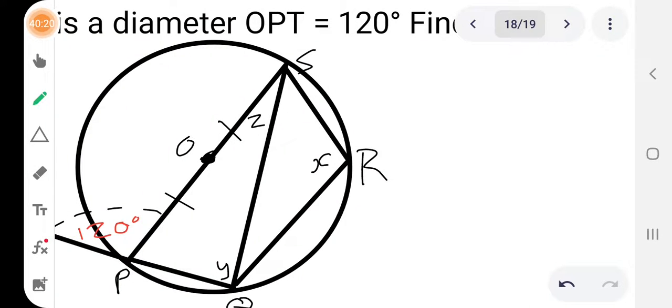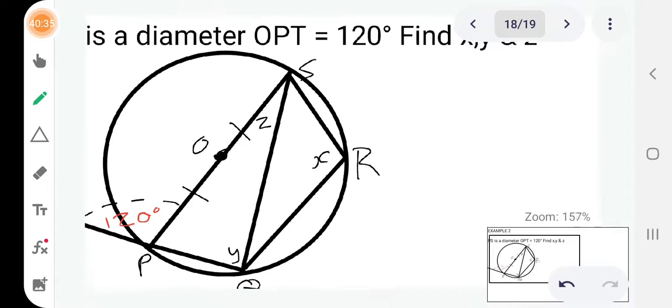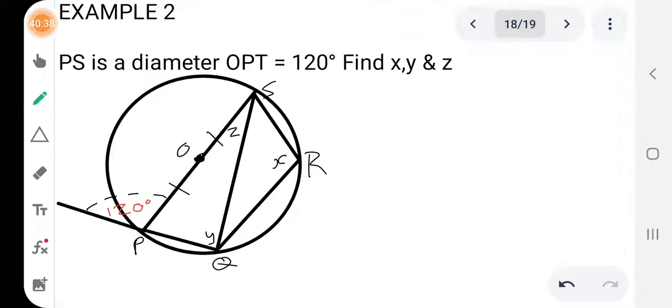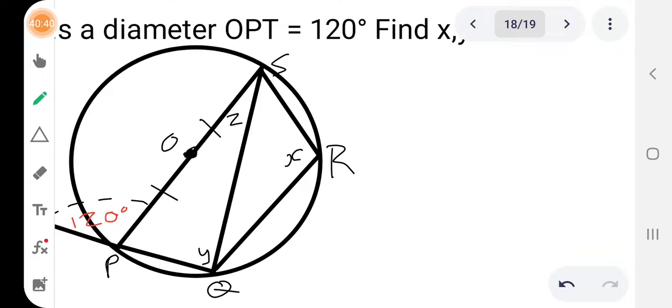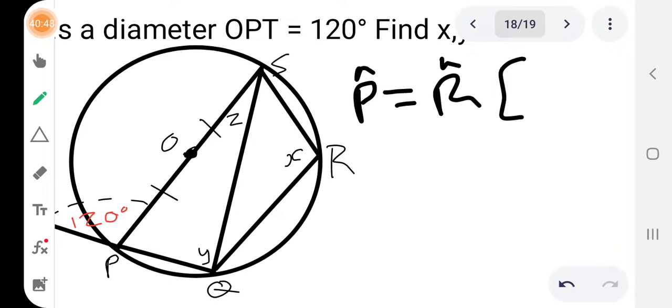If we have a cyclic quad, we are simply going to say angle P is equal to angle R. Your reason is going to be the exterior angle of a cyclic quad is equal to the opposite interior angle.